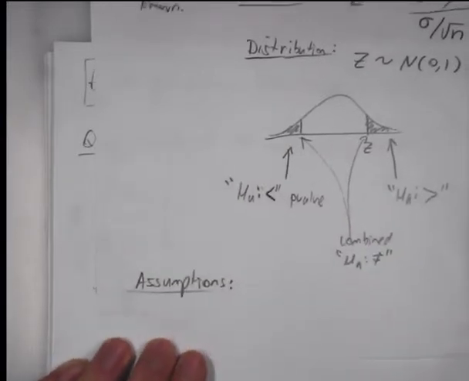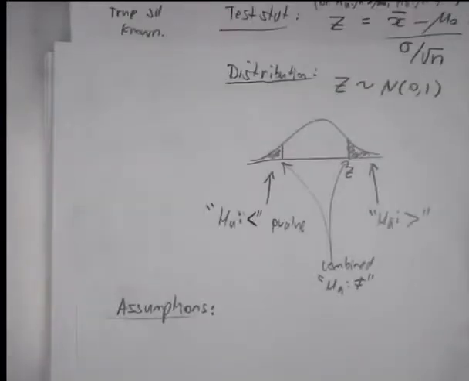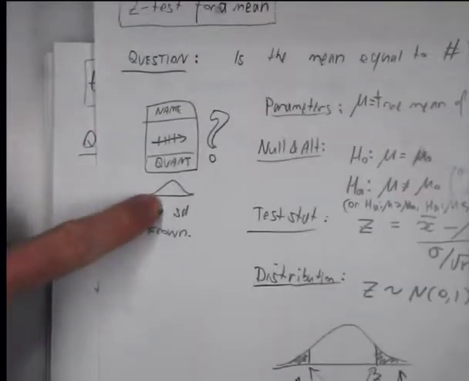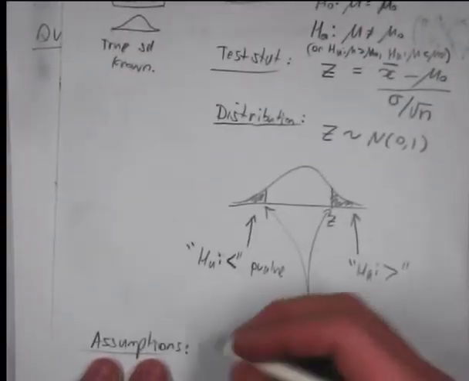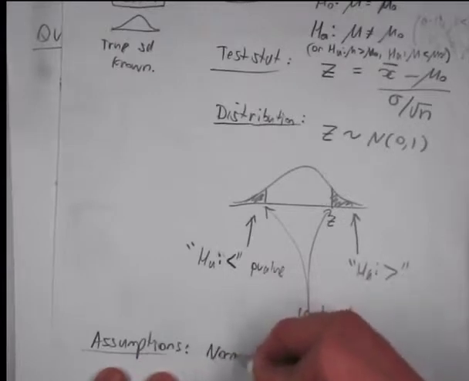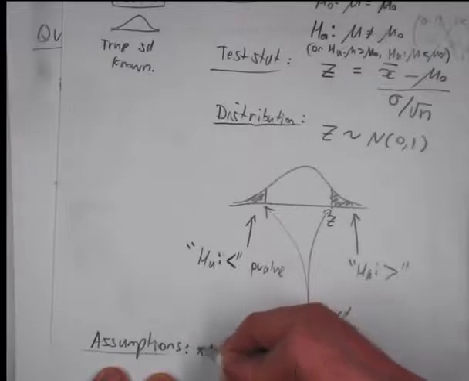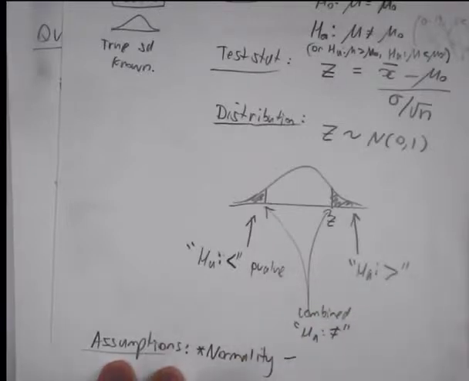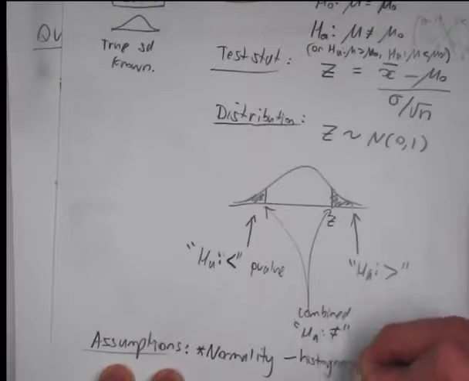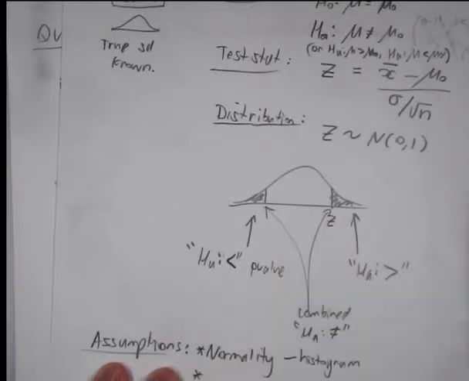The assumptions here are that the original variable is normally distributed, which I drew on my picture here. Normality, which I would check using a histogram. And the true standard deviation is known.